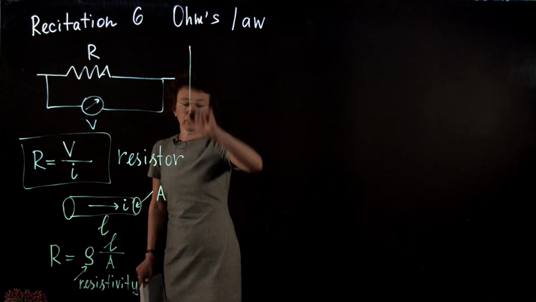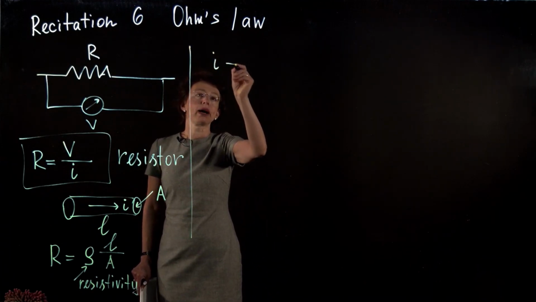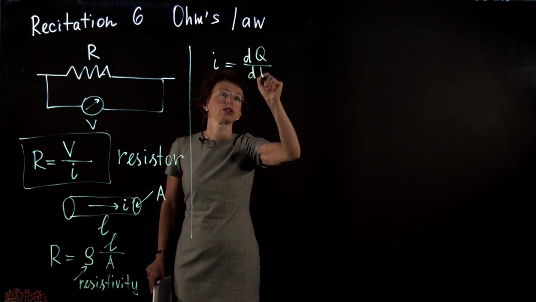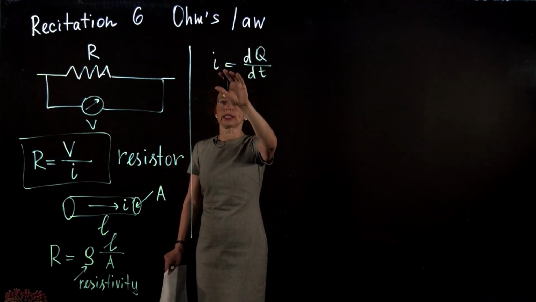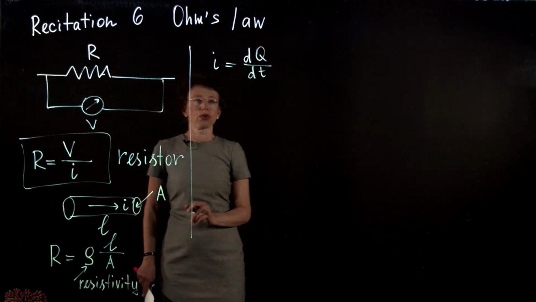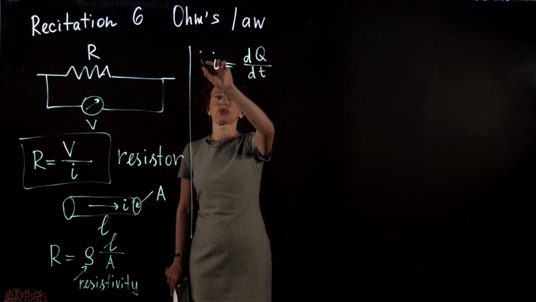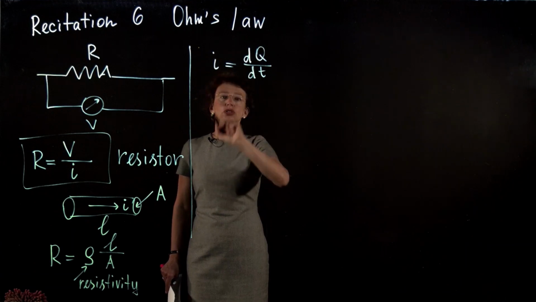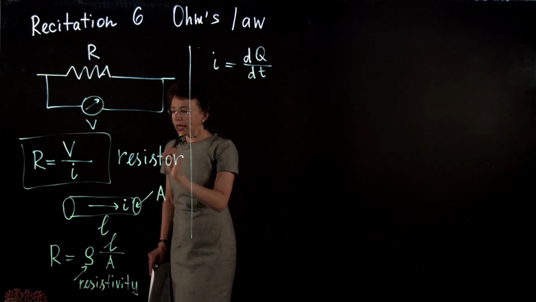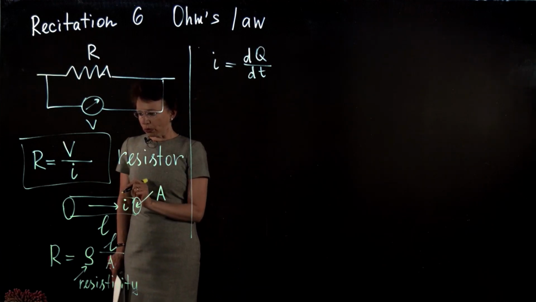I remind you that current by definition is the rate of change of charge, and current is in the direction opposite to the direction of motion of electrons. So this is current. And now we need to derive another form of Ohm's law.